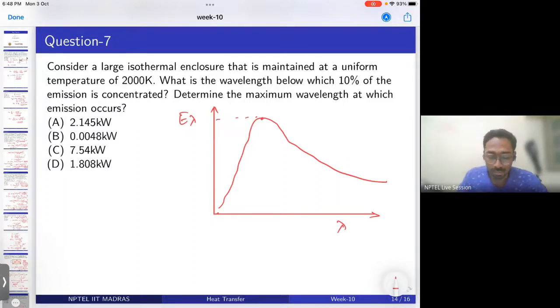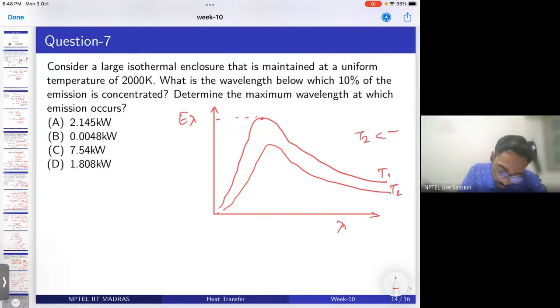For a black body, the emission depends upon both temperature and the wavelength. So if I have another temperature, we will get a family of curves.